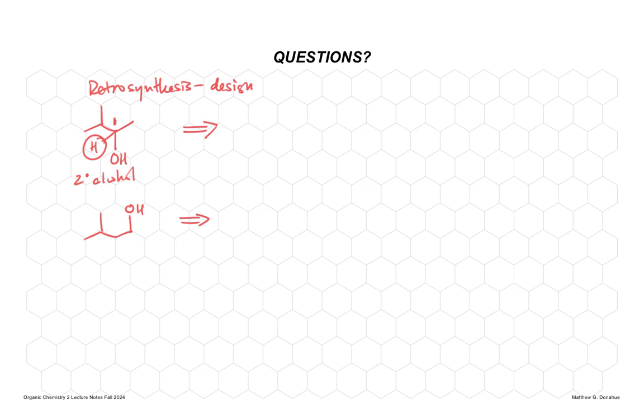So again, it's oxidation state 1 in the product, so it has to be 2 in the starting material because it's going through a reduction. So we would say that this could come from this ketone. And so an appropriate reagent for that would be the sodium borohydride because it started at oxidation state 2.